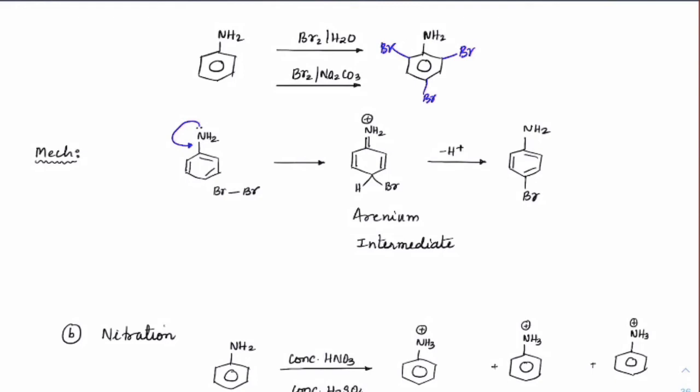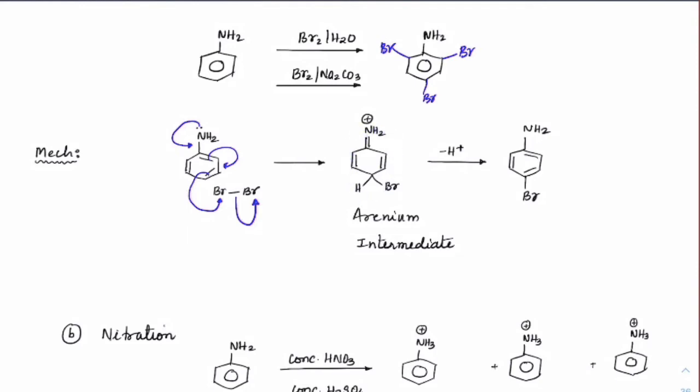So the lone pair, how do we usually see the mechanism? The lone pair will support resonance towards benzene, and this pi will shift here and attack on bromine, Br minus will leave. So we will get this as the arenium complex. This arenium complex will keep changing into various resonating forms where positive charge can be here, here, and here.